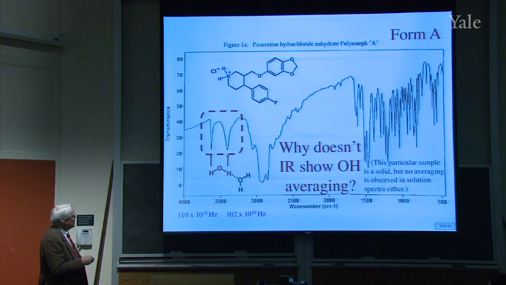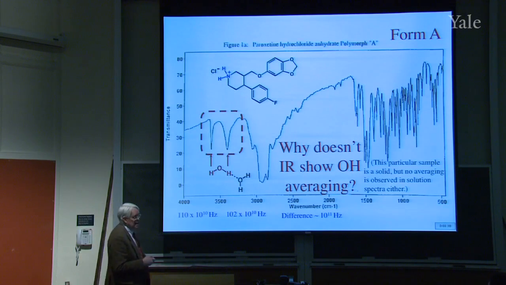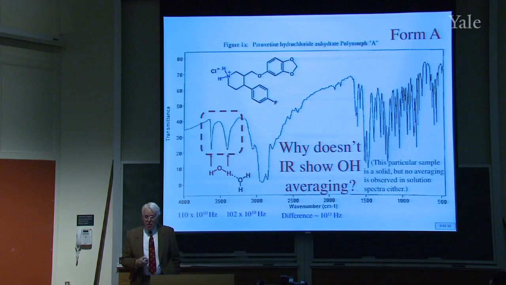Okay. Now, notice that in IR we have wave numbers here that tell us how fast this is vibrating and how fast this is vibrating. And this one is 110 times 10 to the 10th hertz, and this one, this OH bond, is 102 times 10 to the 10th hertz. That is, the difference between them is 10 to the 11th hertz, right?